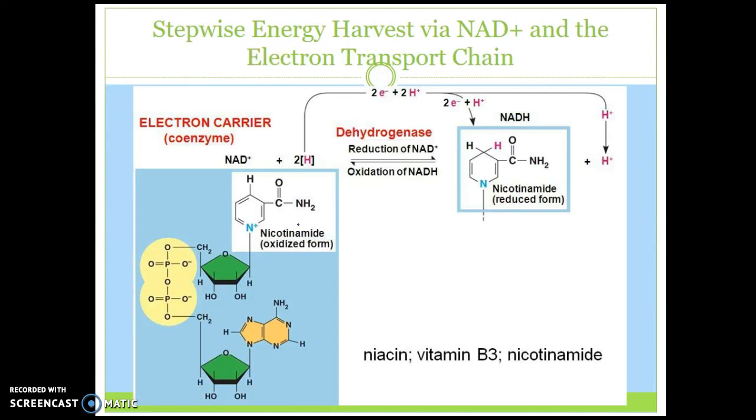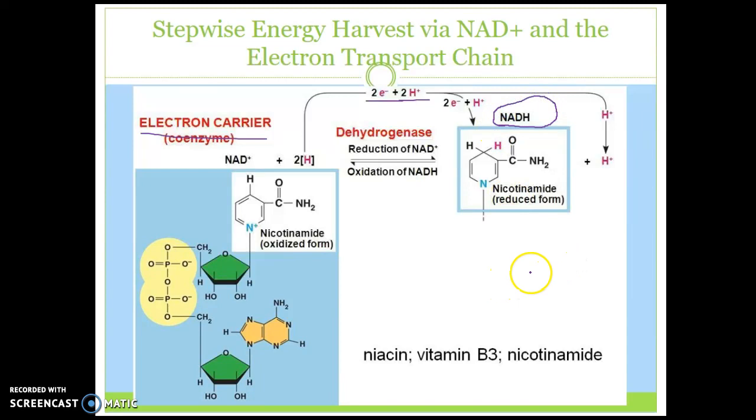So if we look here at how this actually harvests the energy, we have this really cool electron carrier, which we call a coenzyme, which is going to be that NAD plus molecule. And it's really cool how this happens because, like I said, we take our two hydrogen ions with our two electrons, and we're able to change that NAD plus to an NADH molecule.